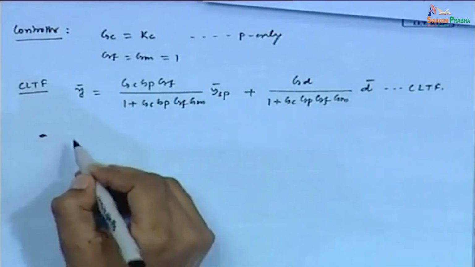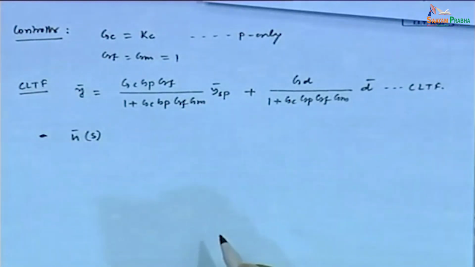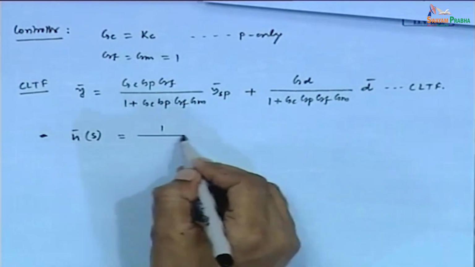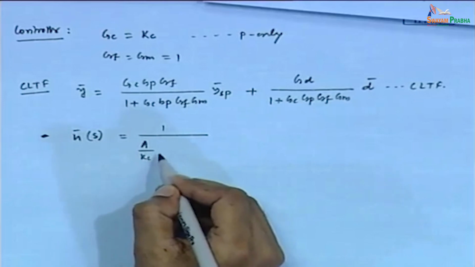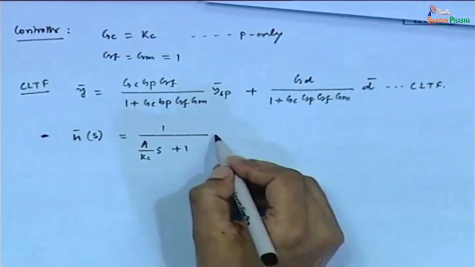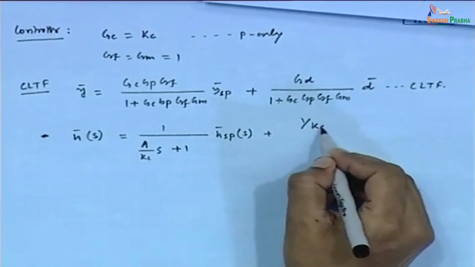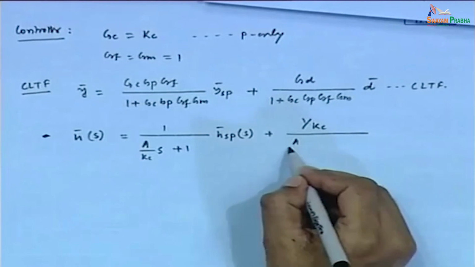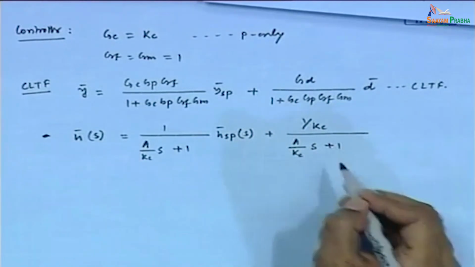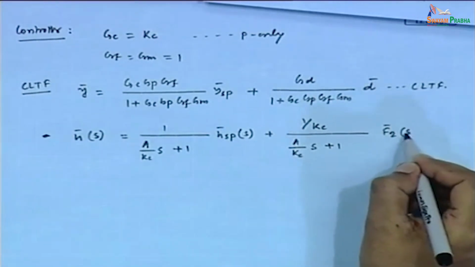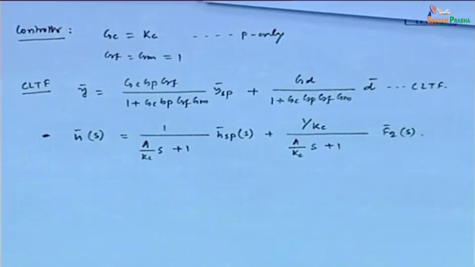Now, if we substitute the individual transfer functions, we get H bar S equals 1 divided by (A by Kc S plus 1) H set point bar S plus 1 by Kc divided by (A by Kc S plus 1) F2 bar S.